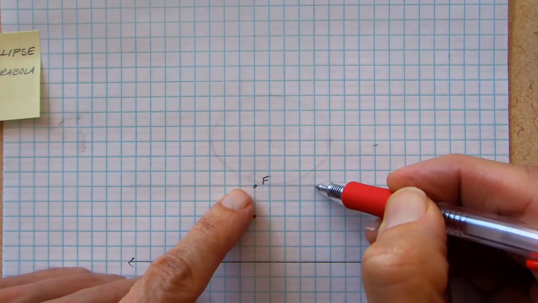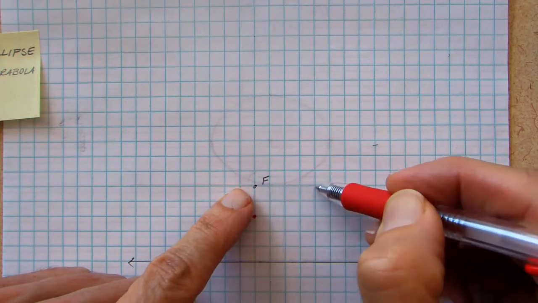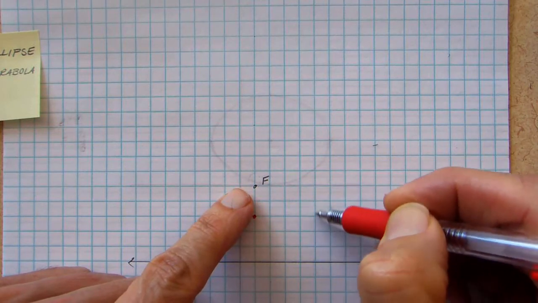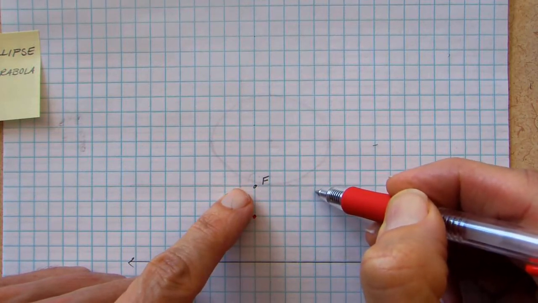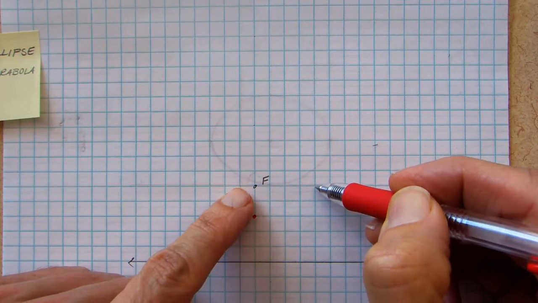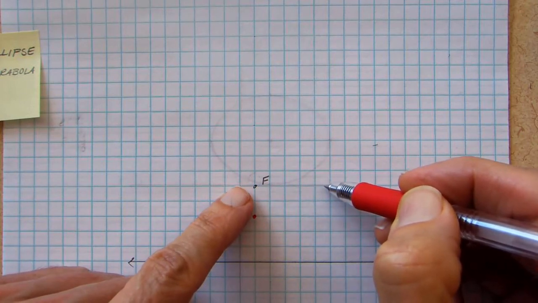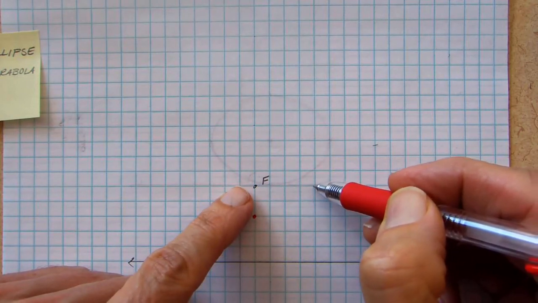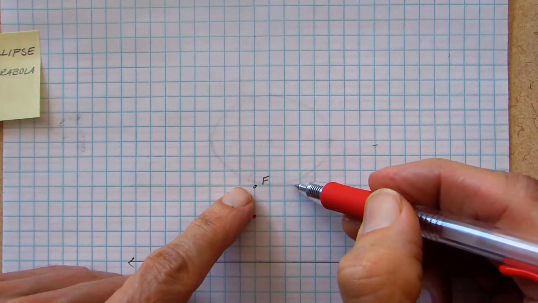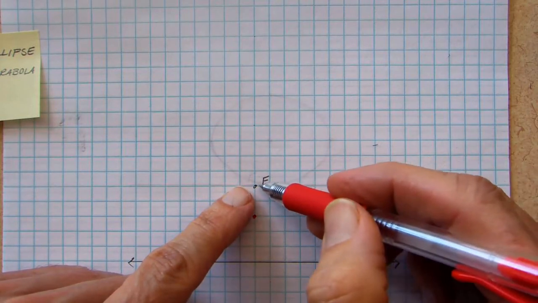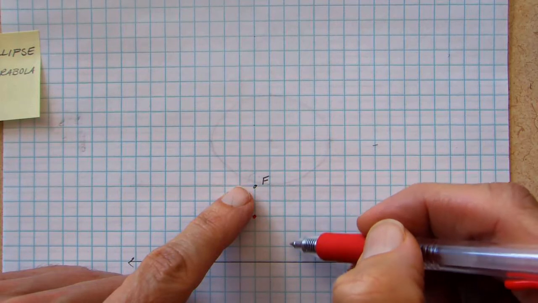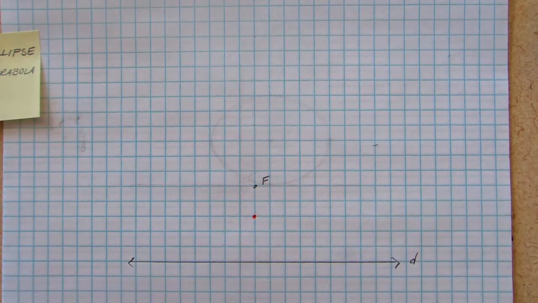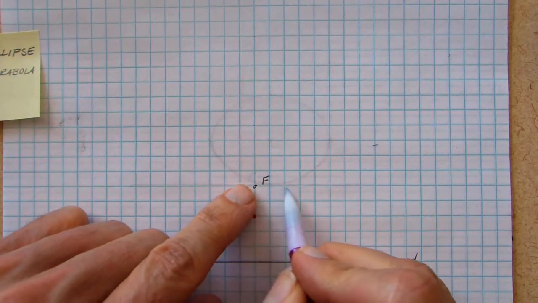If I go out a little further, that's going to be 4 to 5. And once again, that's really not a 2 to 3 ratio. The further out I go, I'm getting further and further away from a 2 to 3 ratio. So I probably need to come in a little bit somewhere to get myself a nice 2 to 3 ratio. Well, let's think a little bit about this, about what would this have to be?